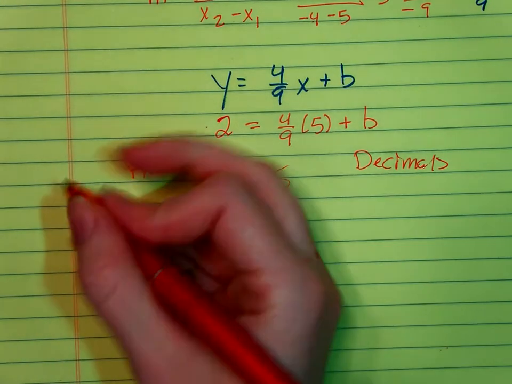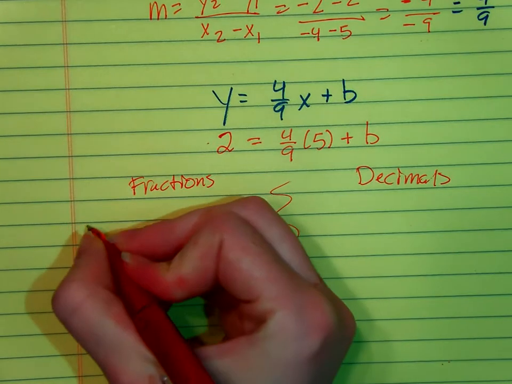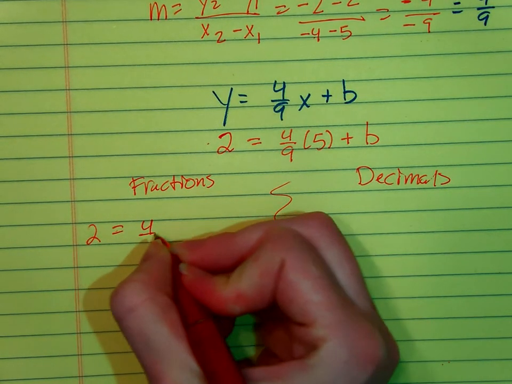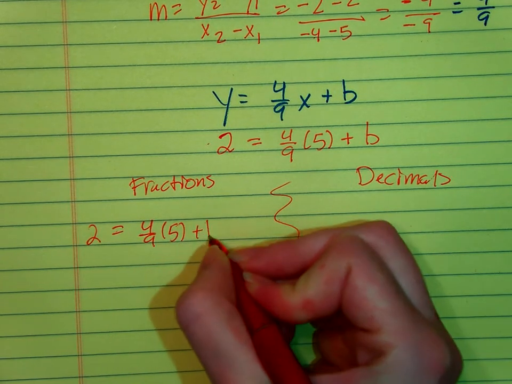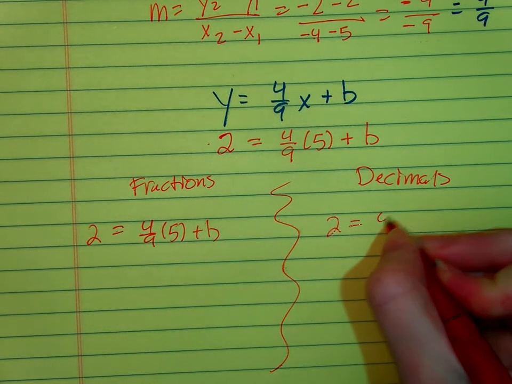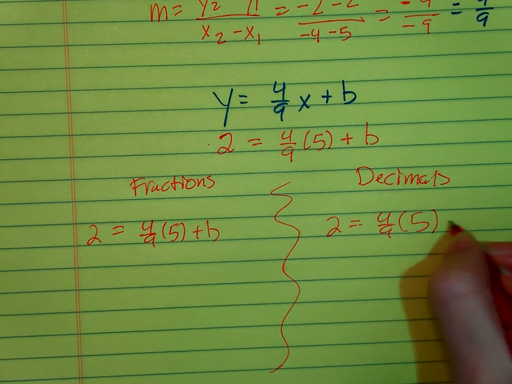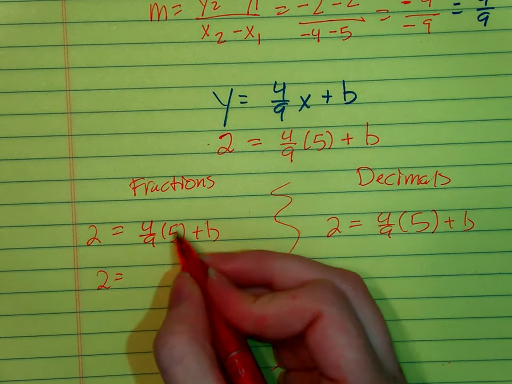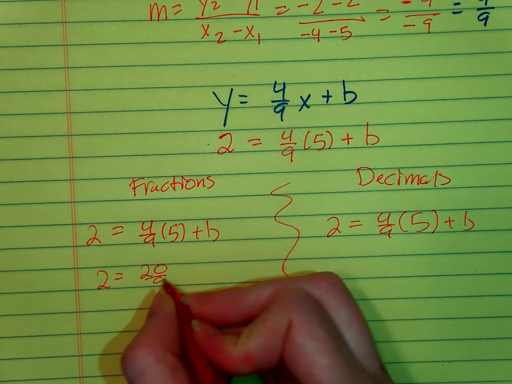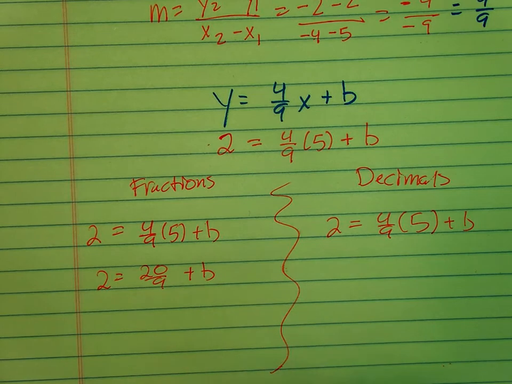So if we're doing this in fractions, we're just going to rewrite this. We get 2 equals 4/9 times 5 plus b. So then we get 2 equals, again, multiply across the top, 20/9 plus b.